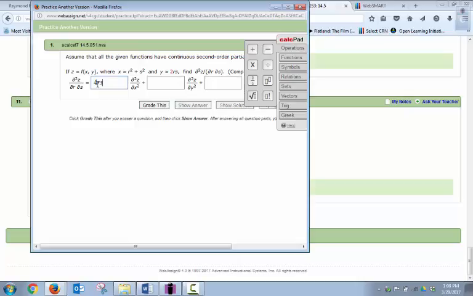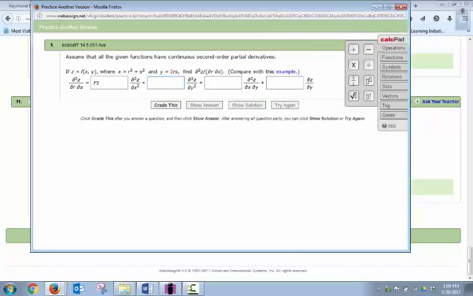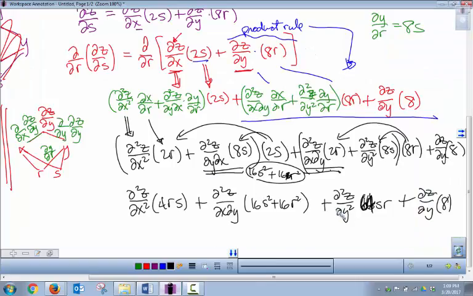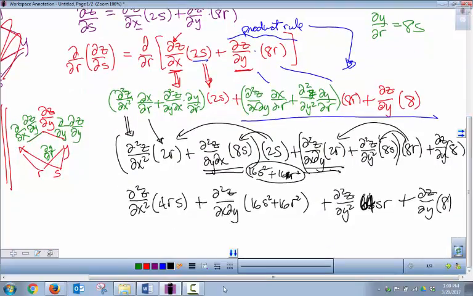Okay. The second one. 4s squared plus 4. Oh, but this is the y, the one with the y squared. Yeah. Okay. So the one with the y squared is 64. So we got that by doing 8 times 8, right? Just be 1? 4?